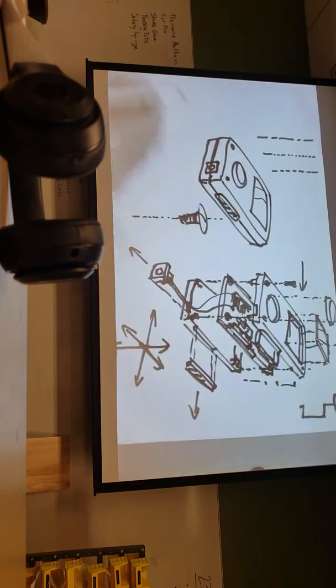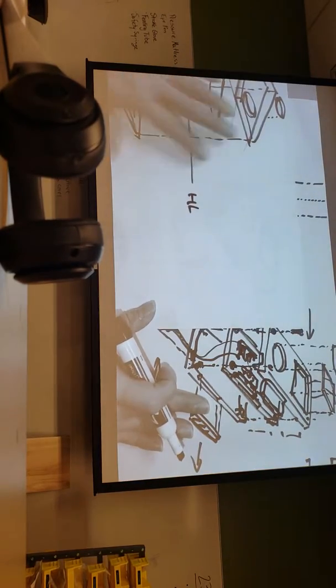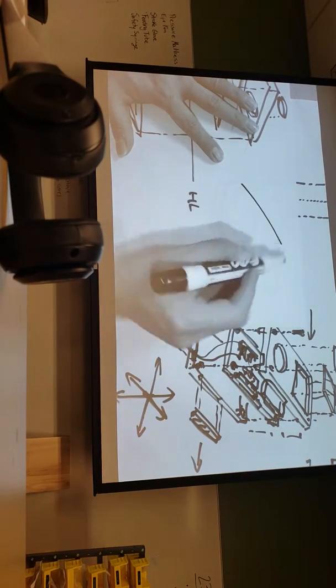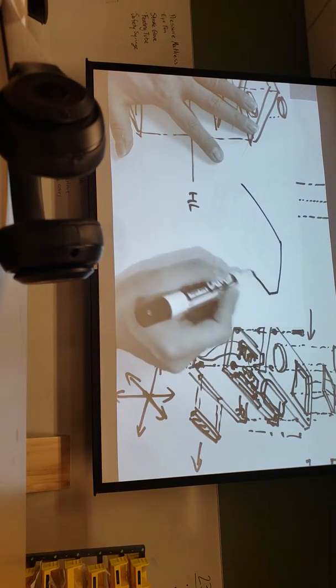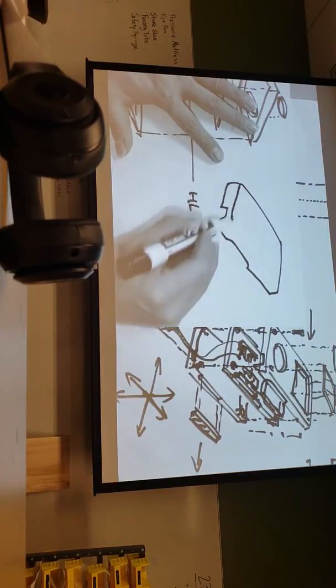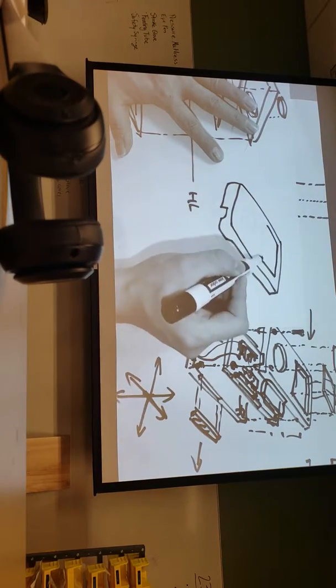So if you're doing something like this, a simple way to do it, if you want, is to use tracing paper, and if you can see a distinct parting line in your piece, literally trace over the first half.